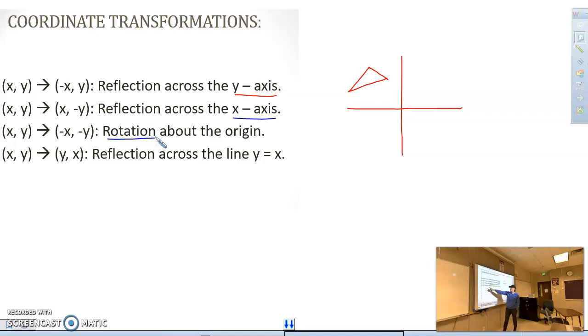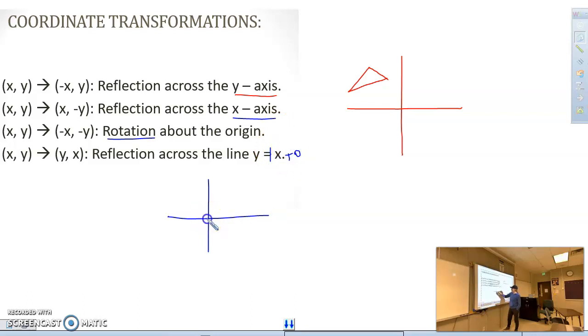Okay, last one. We're not going to do this one very often in this class, but next year you'll do this a ton. This is how you do inverse functions. If you interchange the x and the y for every coordinate, it reflects across the line y equals x. The line y equals x is like y equals 1x plus 0.